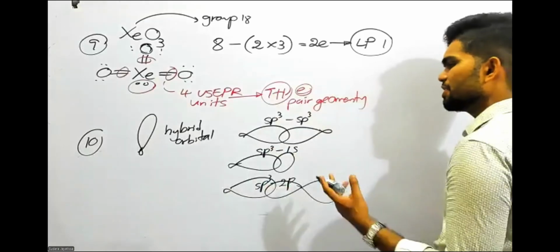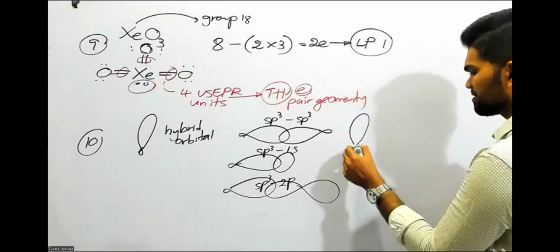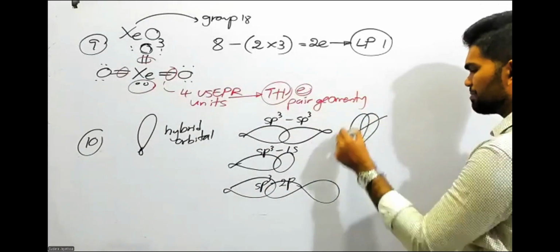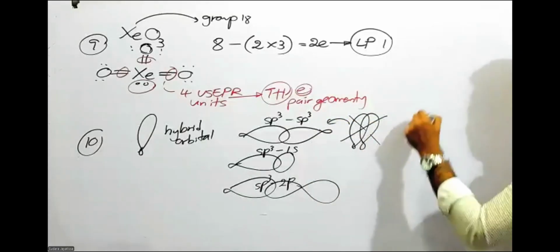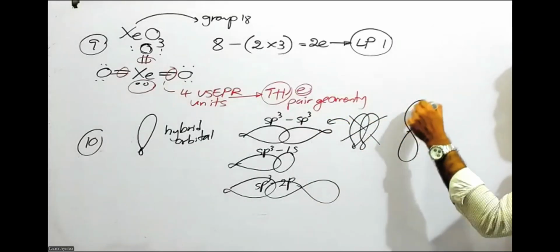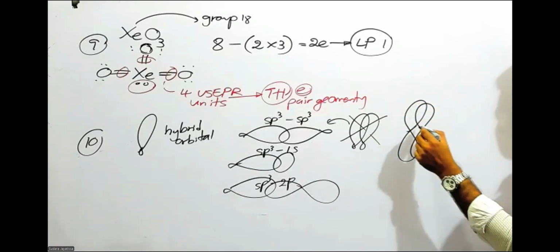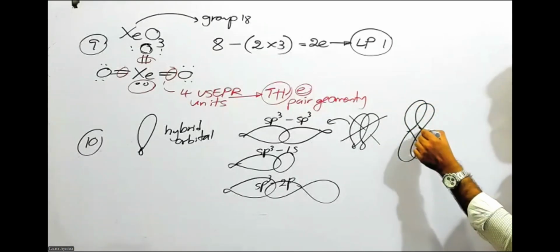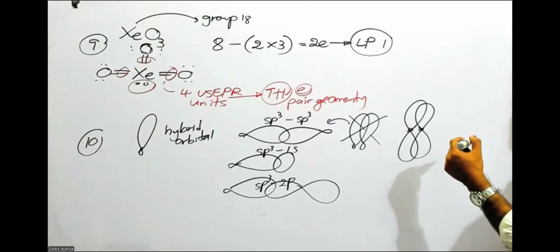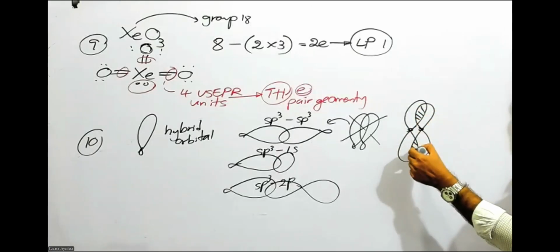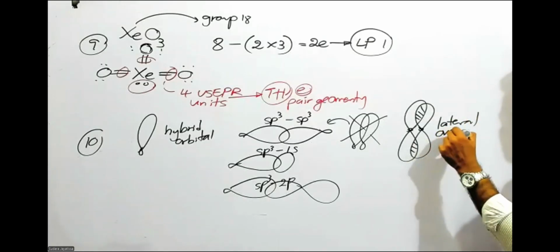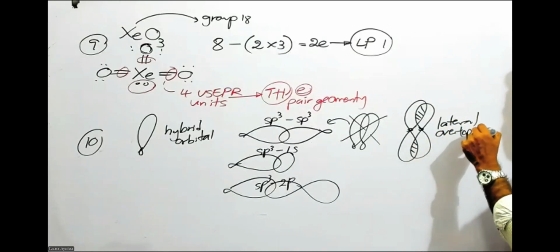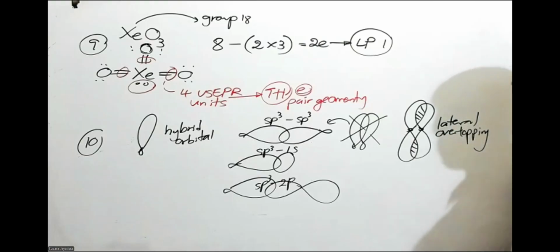Like that, they linearly overlap. They never overlap laterally. Can't happen. Lateral overlapping can happen if the electron densities are symmetrical and on either side. Here, this is the lateral overlapping of p orbitals. So the first statement is incorrect.